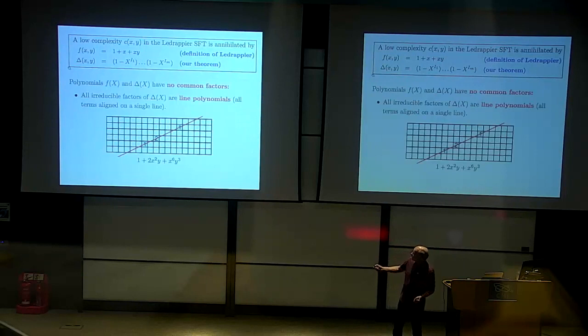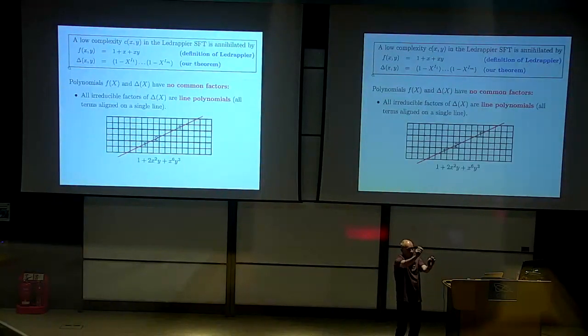And now what is nice about these two polynomials is that they don't have any common factors. They don't have any common factors because the second one is a product. If you look at its irreducible factors, they are all polynomials whose coefficients are on a single line. It's a product of difference polynomials.